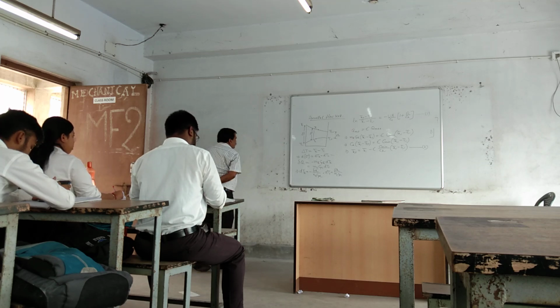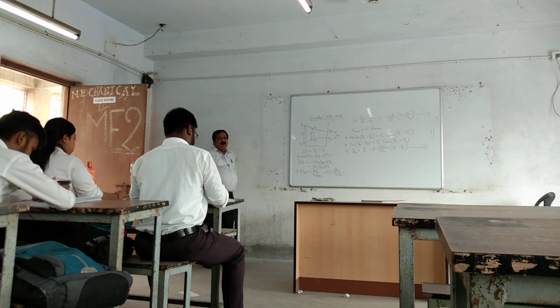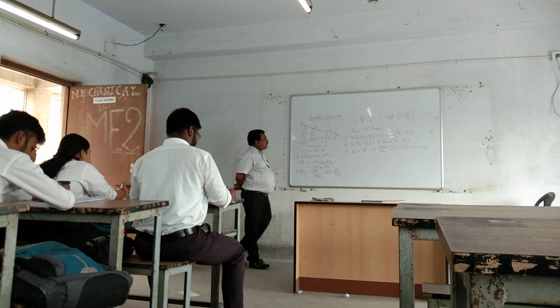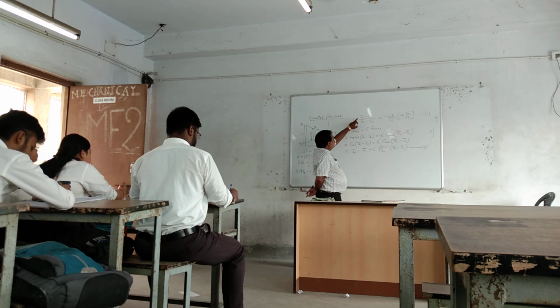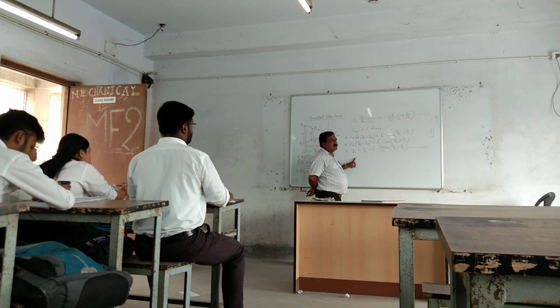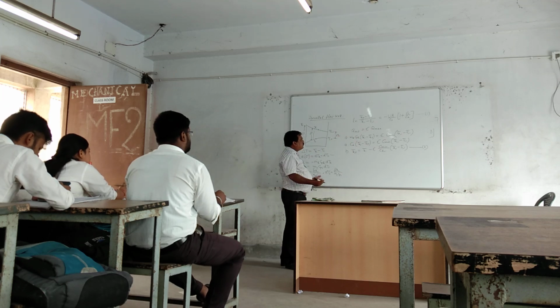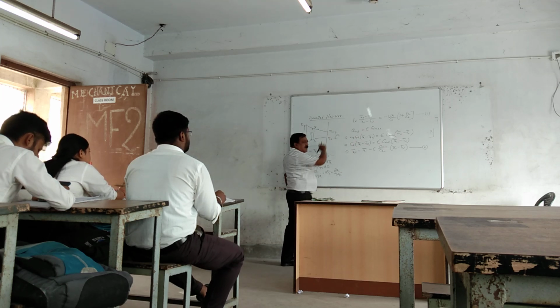Simply we have found out the value of the outlet hot fluid temperature in terms of the inlet temperatures of both hot and cold fluids, because only inlet temperature is known to us. So for equation number 1, THO we have found out in this way. Similarly, we have to find out the value of TCO by applying the same formula.